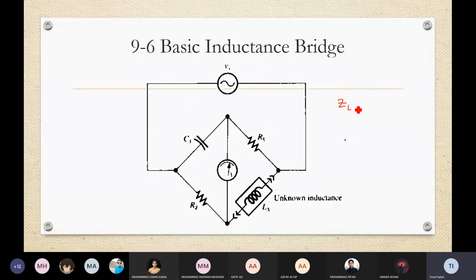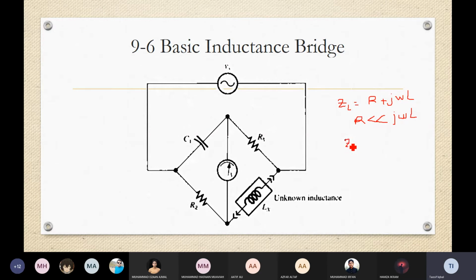First, let's look at the impedance of inductance. So the inductance impedance is R plus j omega L. When this relationship is considered for an ideal inductor, the value of resistance must be very small as compared to j omega L. If this is true, then we have a pure inductor.